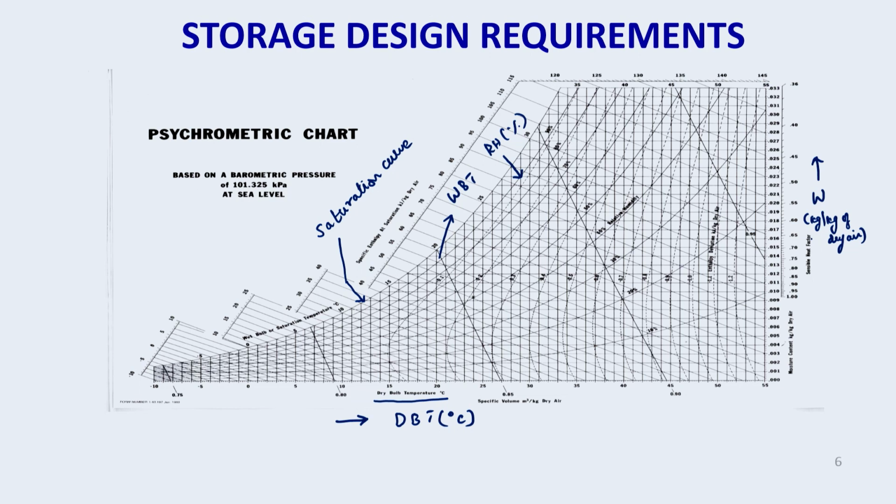These inclined lines are called the wet bulb temperature lines, and this is the saturation curve. These curves represent the relative humidity, expressed in terms of percentage. Of course, this is the enthalpy scale.